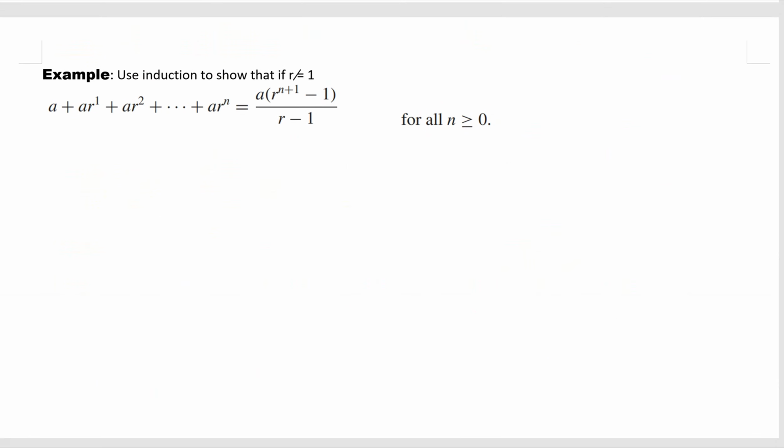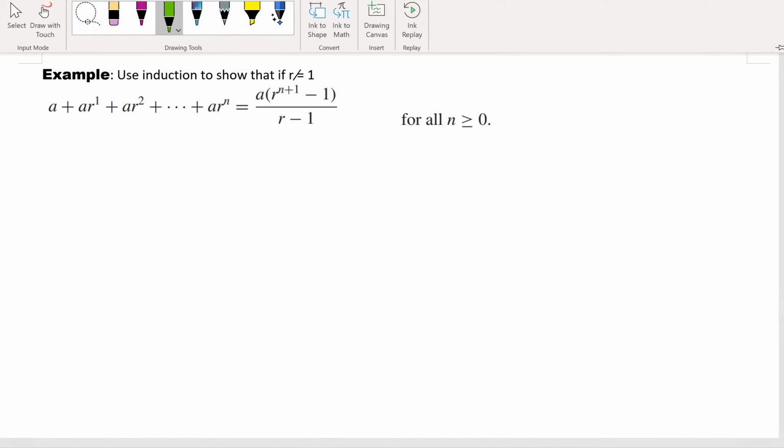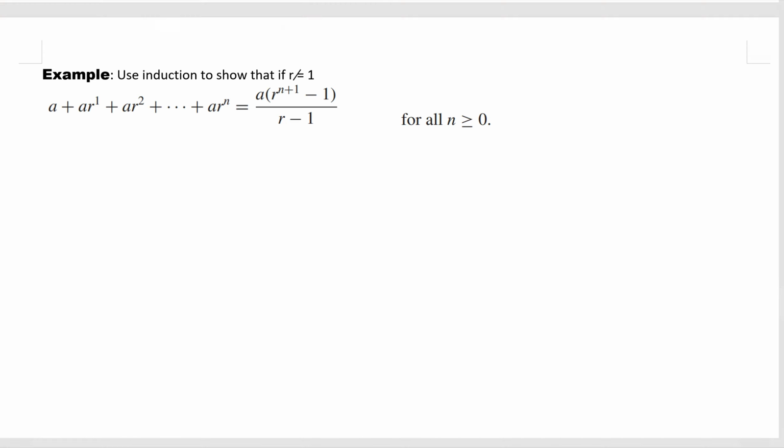Let's look at this example. Use induction to show that if r is not 1, then this is true for all n greater or equal to 1. Oh, sorry, greater or equal to 0. I want to put a remark here. N does not necessarily start with 1, and can start with any integer, or 0.